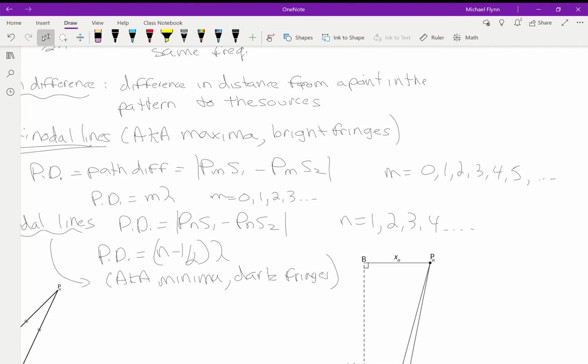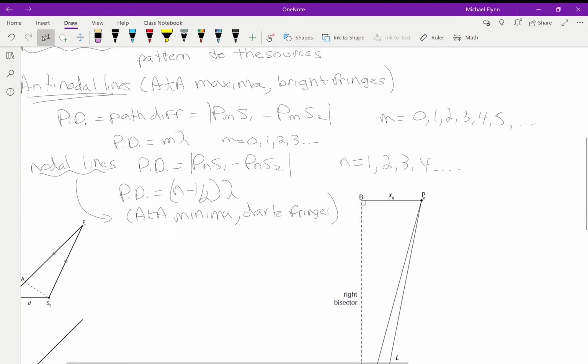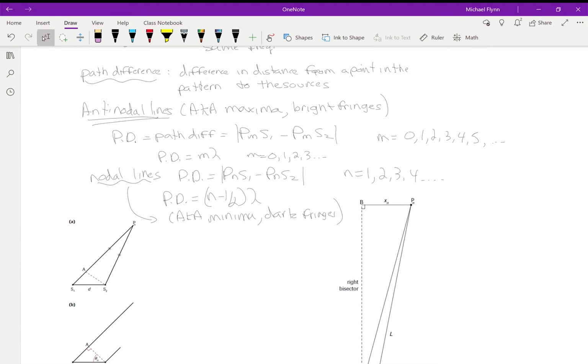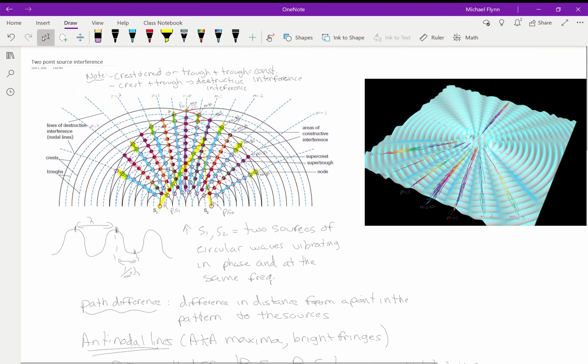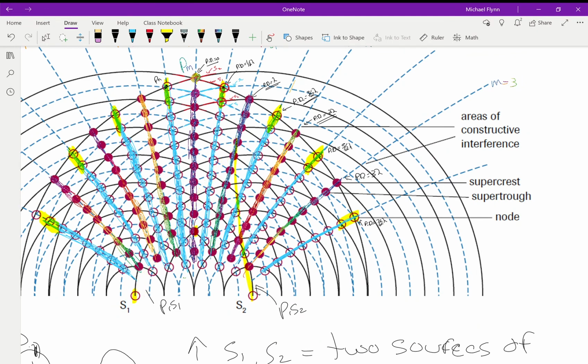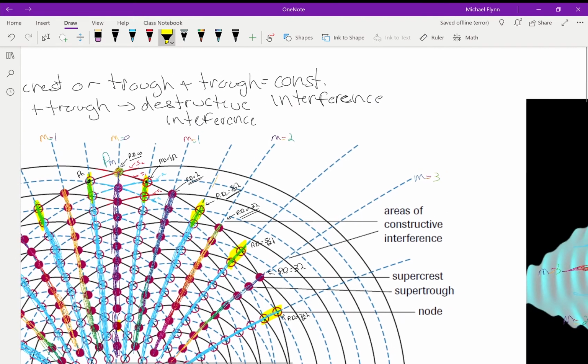Now I know this is getting long already, but that's the first formula. By path difference we mean, if I'm going to erase this, if I'm a wave starting at S1 and I'm going to travel to the third nodal line.